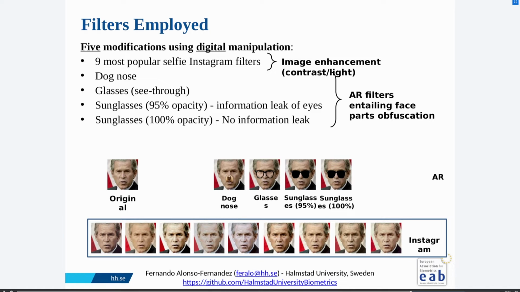Then we have applied 4 more filters that we call AR, or augmented reality filters, where they mostly obfuscate parts of the face. We have applied one dog nose, where you can see the picture, transparent glasses, and then 2 types of sunglasses with total opacity 100% or 95% opacity, where there is some information leak of the eye.